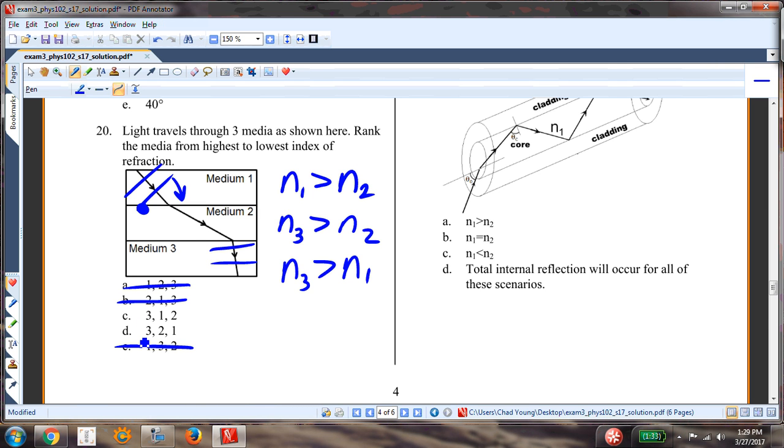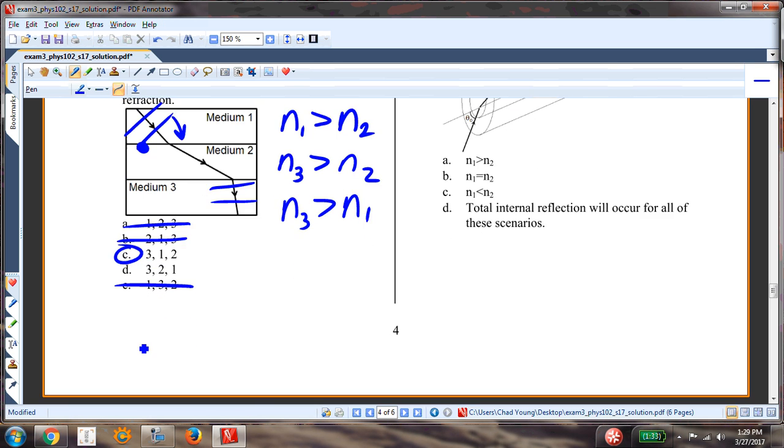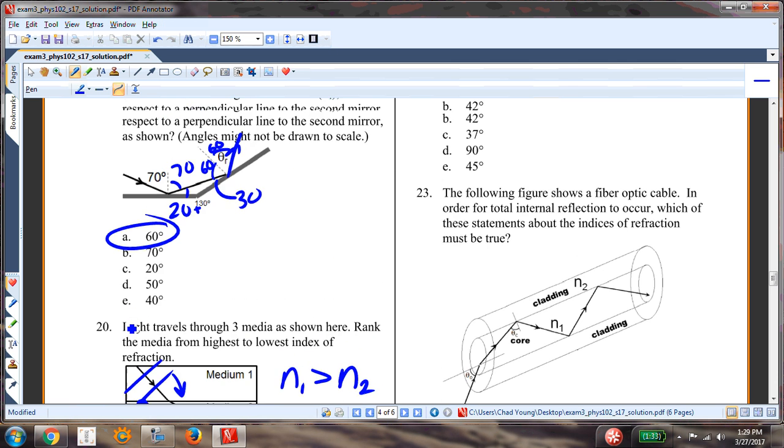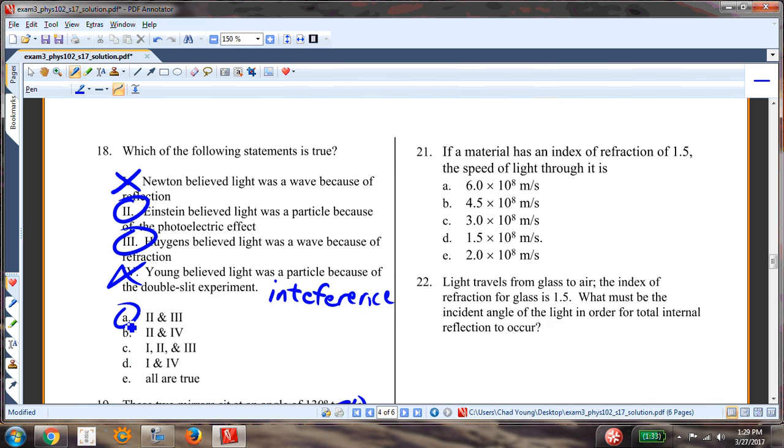And then the next one, N1 is bigger than N2, so C is the right answer, number 20. Listen, the MCAT, or any standardized exam, likes to have these ranking problems. So be able to go through these types of problems and think about the different answers that you can eliminate.